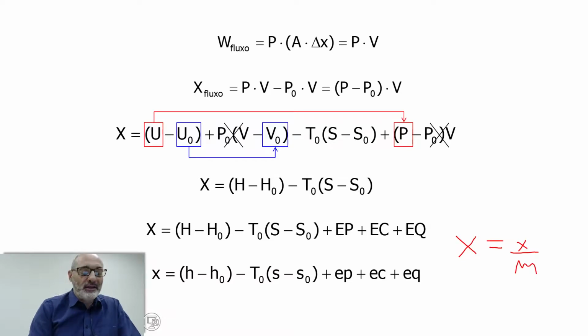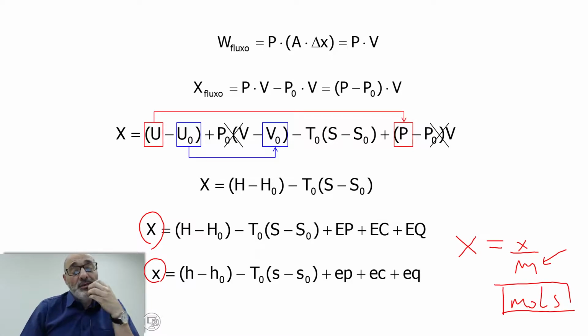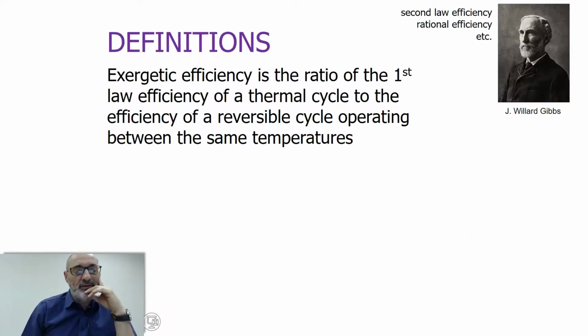The capital letters mean absolute quantities, and small letters mean specific quantities, specific in terms of mass or moles. Sometimes it's more convenient to work on a molar basis.